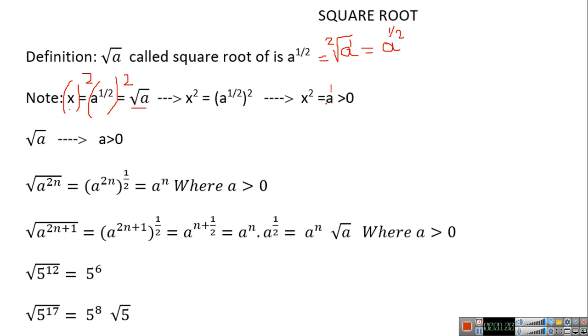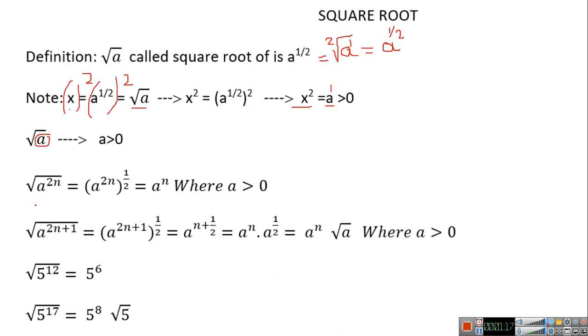So that's why a square root can never be negative, and that's why a can never be negative. So always if you have a square root a, always inside, this is called the radicand, it must always be positive.